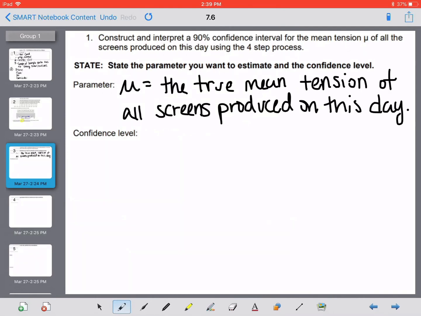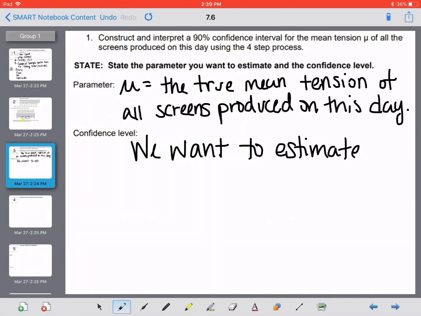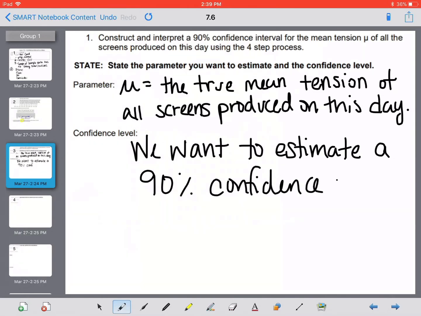Our confidence level: we want to estimate a 90% confidence interval. Okay, so that was our state.